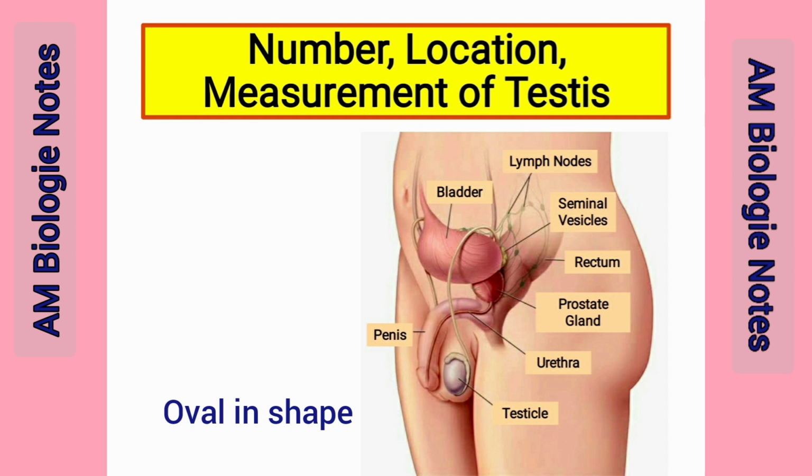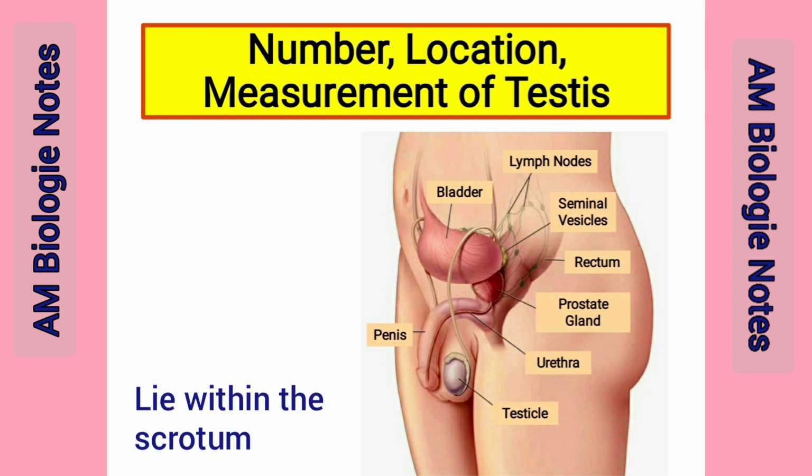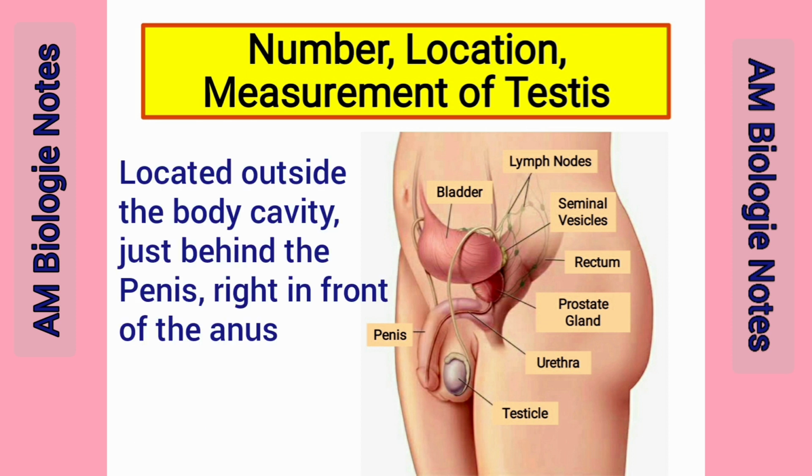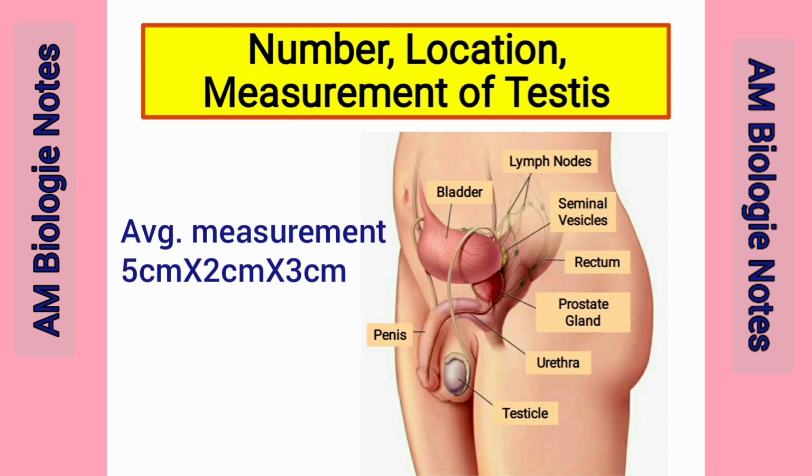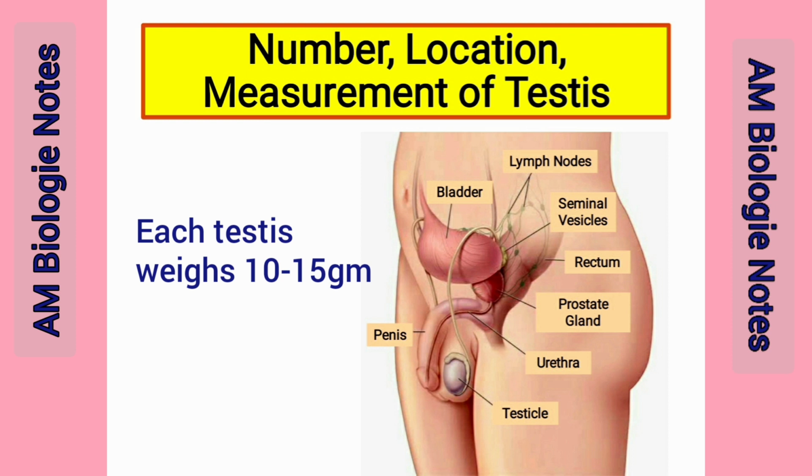They lie within the scrotum, located outside the body cavity, just behind the penis and right in front of the anus. An average adult testicle measures up to 5 cm by 2 cm by 3 cm. Each testis weighs 10 to 15 grams.